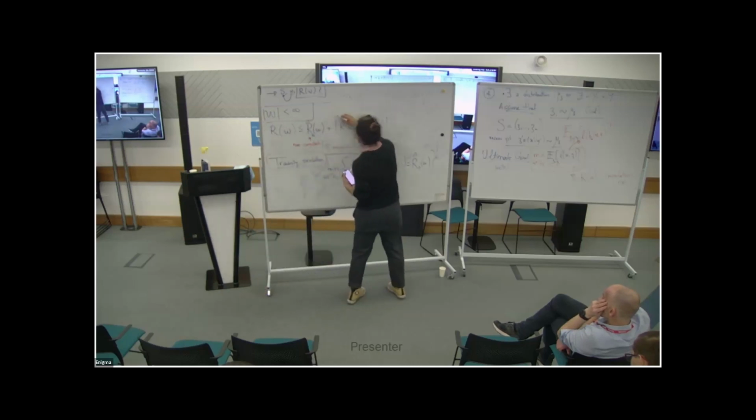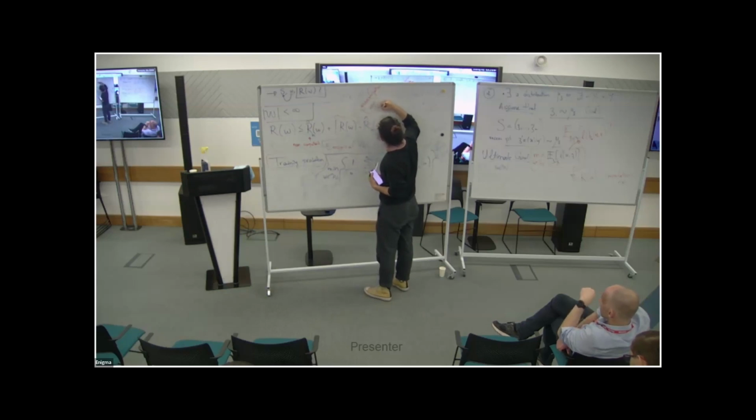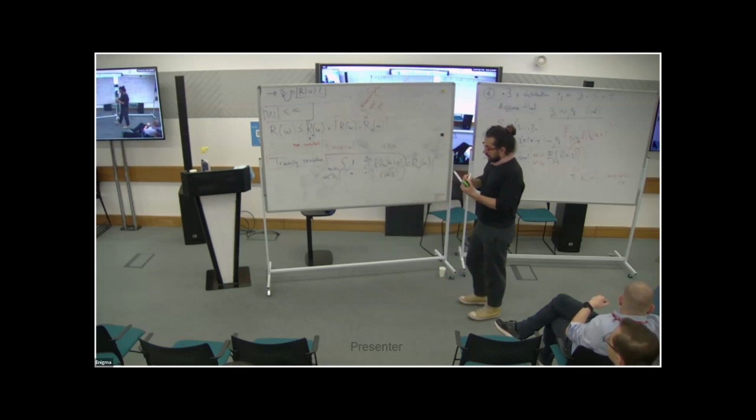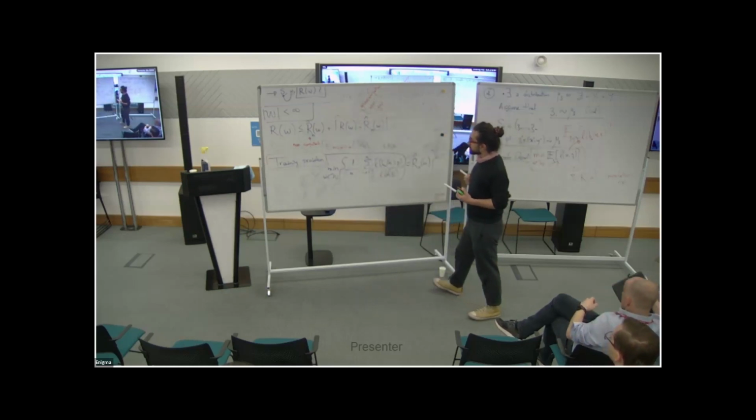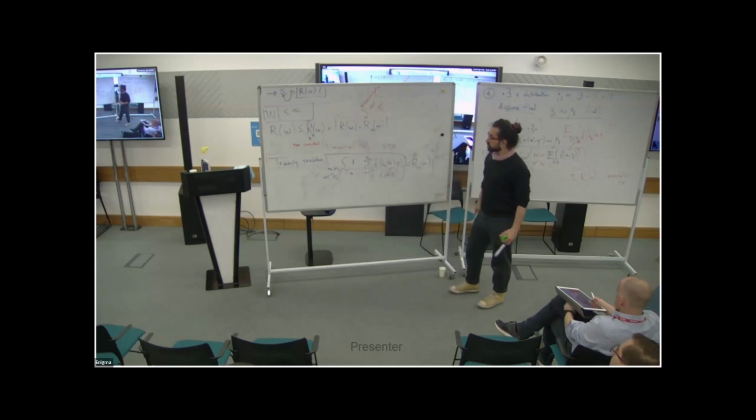And then this term is called the generalization error, or sometimes the generalization gap. It essentially measures how different the population risk is from the empirical risk.